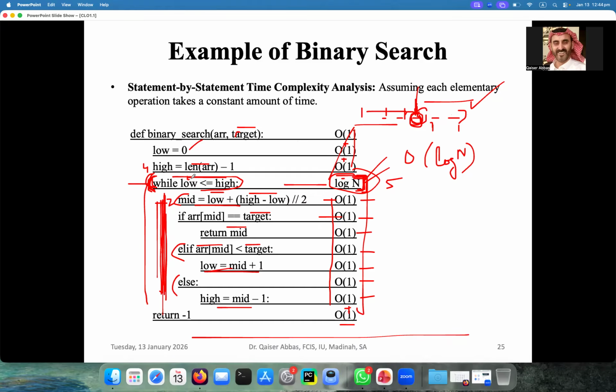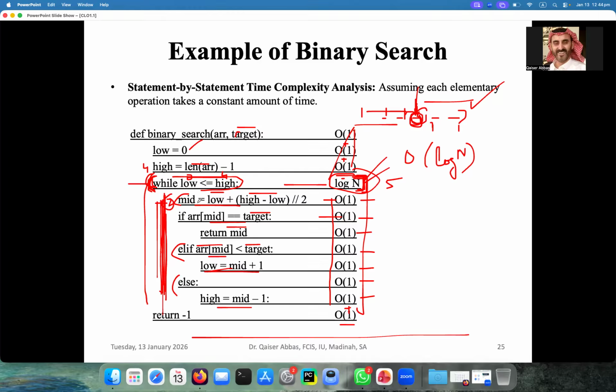This loop will execute if low is equal to 0 and high is 4. It is executable first and then it will find 2. Now, according to these conditions, it will adjust low and high, and then the size is reduced to half. In the next iteration, it will reduce to half again.